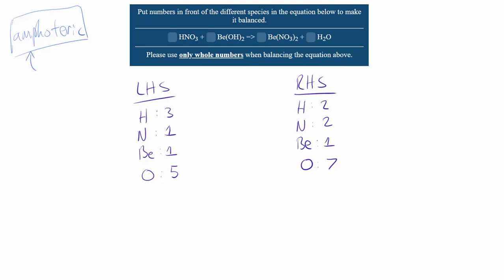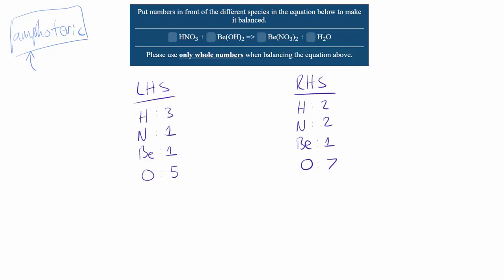So what can we actually do at this stage? Well, one of the first things I'm going to choose to take my attention towards is nitrogen. It occurs in 2 species: one species on the left hand side and one species on the right hand side.